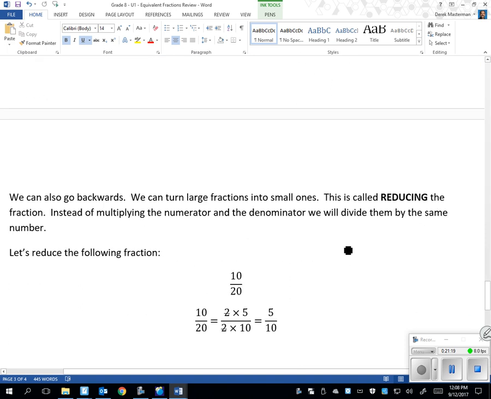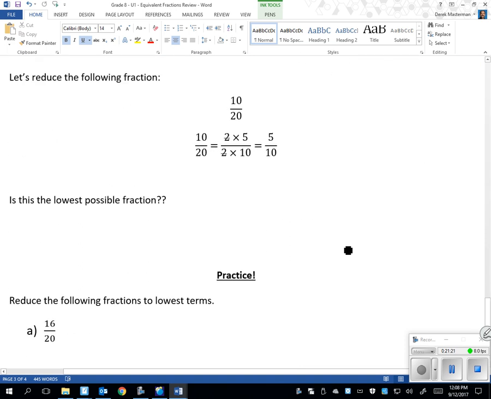So in that last example, that's what we see here on the back page, the top of the back page. We have a big fraction, 10 over 20, and I'm going to reduce it as much as I can. So we look at what can I divide the top and the bottom by. Let's look at what multiplies to give 10. What multiplies to give 10? 5 and 2. Good.